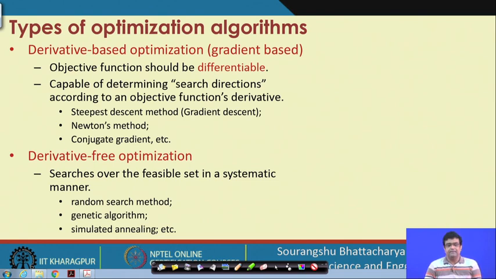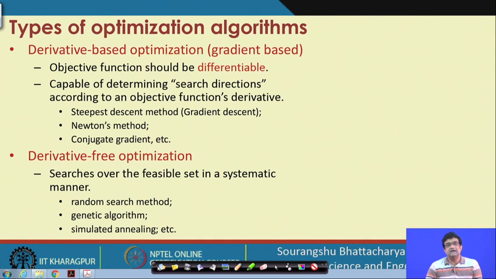Now, roughly all the optimization algorithms can be divided into two classes. The first class is called the derivative based optimization algorithms, also called the gradient based optimization algorithms.